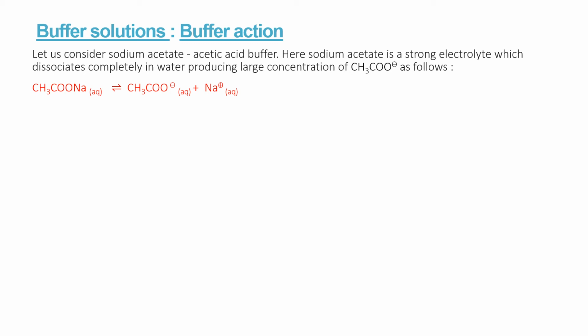Now we see what exactly happens when you take a buffer solution. What is the action of the buffer? First we take our sodium acetate and acetic acid buffer, which is our acidic buffer. Here sodium acetate is a strong electrolyte. It is dissociated completely in water, producing a large concentration of acetate ion as shown below.